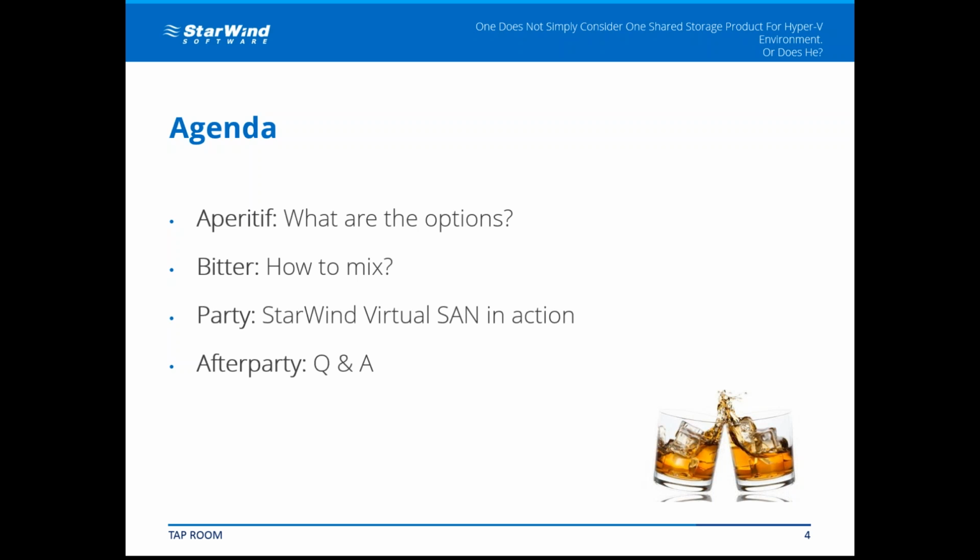For the bidder, I will tell you how to mix StarWind with Hyper-V, and at the party we will have StarWind Virtual SAN in action, and traditionally we will have the question and answer section at the after party.